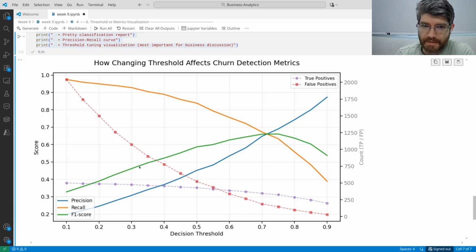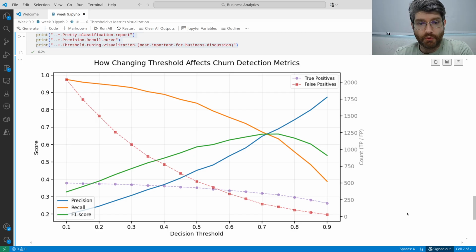If we raise the threshold to 0.7, we only flag the sure things. Precision goes up, but we let more churners slip away unnoticed because the recall goes down. We always see this kind of balance. If we raise precision, recall goes down. If we lower precision, recall goes up.